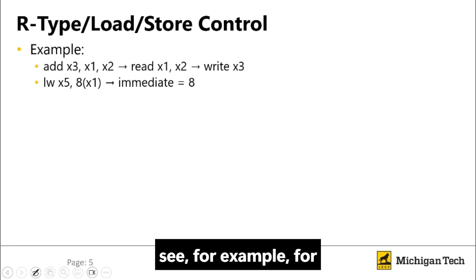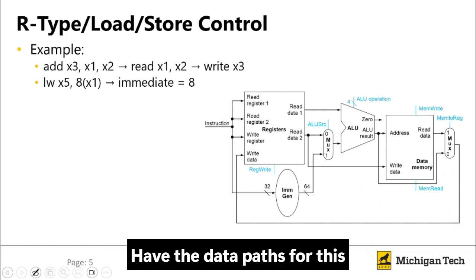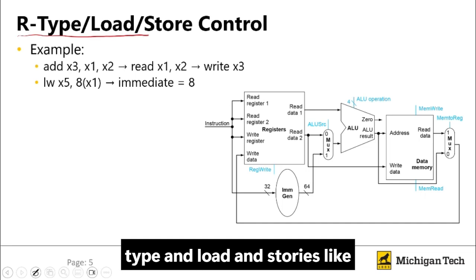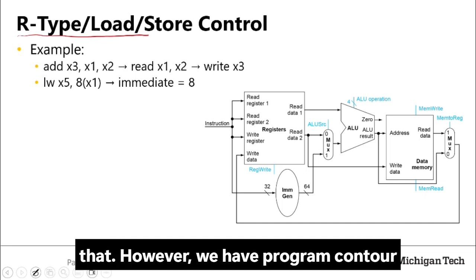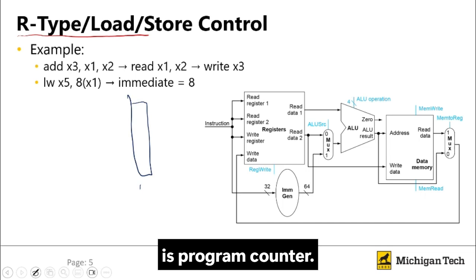Let's see, for example, for R-type, load and store instructions, which controller inputs we have. The data path for this type of instructions, I mean R-type, and load and store, is like that. However, we have a program counter here that I didn't consider. This is the program counter.